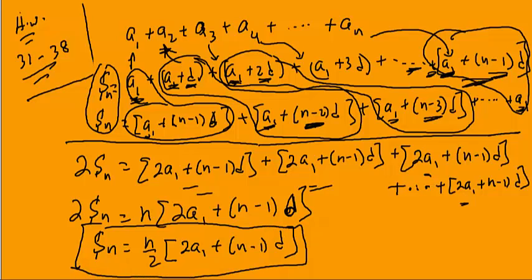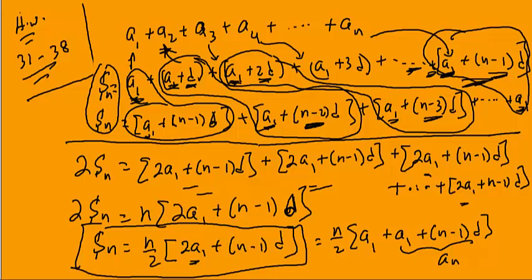Now, there's a second formula that goes with this, because I can split this up as n over 2, a sub 1 plus a sub 1 because I have 2 of these, and then I have a plus n minus 1 difference. Now if you really look at this, this is really my a sub n, because that's the formula we learned yesterday. So I can rewrite this as n over 2, all that times a sub 1 plus a sub n, meaning first term and the last term.